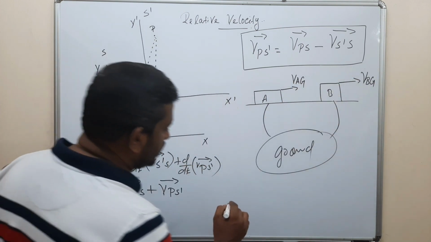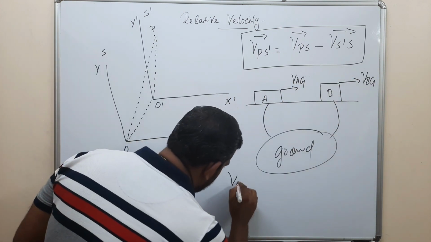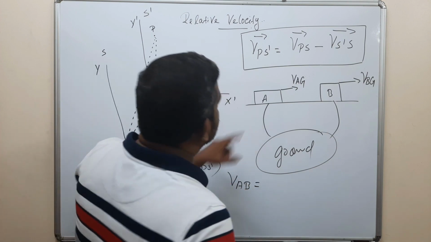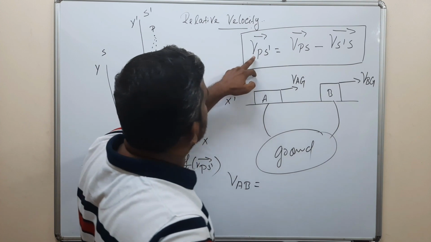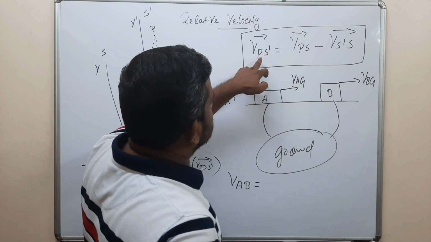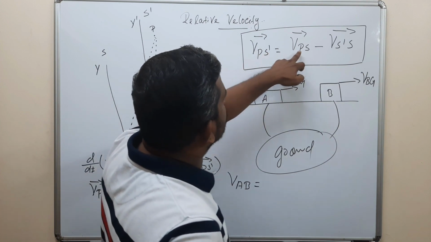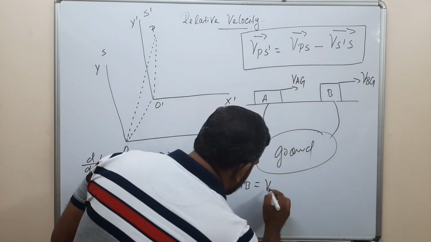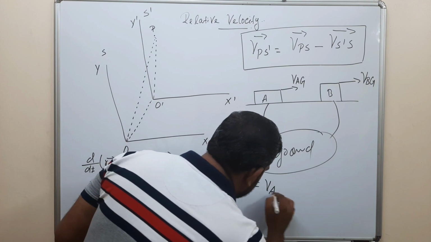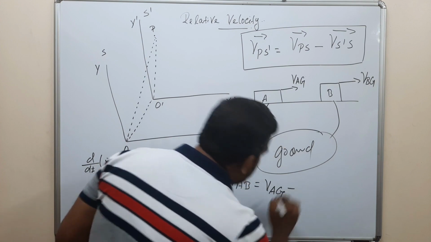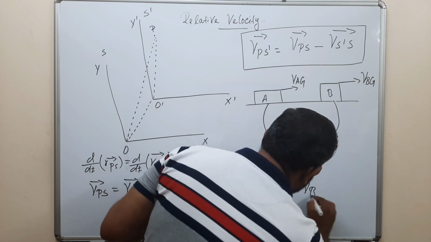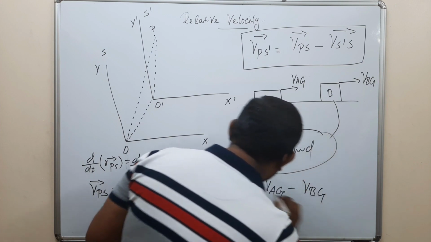That is how we can write v_AB is equal to, from this expression, velocity of P with respect to the common frame: v_AG minus v_BG.